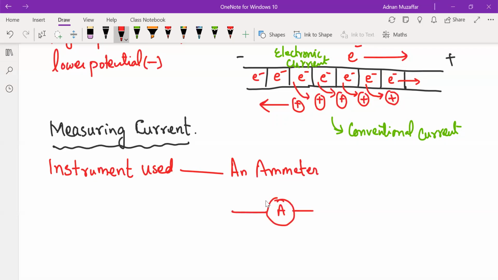Now there are two important points which you should know about the ammeter. Ammeter is always connected in series. Remember this thing.